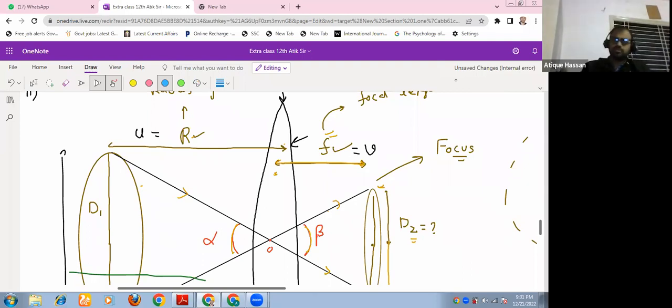You have to draw the previous diagram, and then derive the expression for magnifying power by taking the ratio of beta and alpha, in the same way we have done. Generally, these are asked as 5-mark questions in boards. Also in competitive exams, in 85% of cases you will get a question based on magnification. Somehow they will ask you the magnification, and if you remember the formula, you will get the answer. So this was all about the telescope from my side.